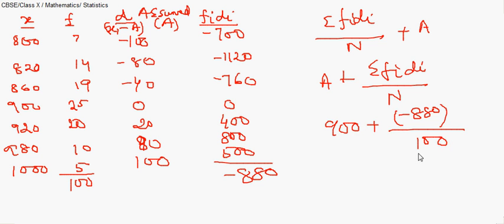If you solve this part, it's 900 minus 8.80, that's giving 891.2. This is the mean of the data given. This is under the shortcut method, where the formula remains a plus fd by n.